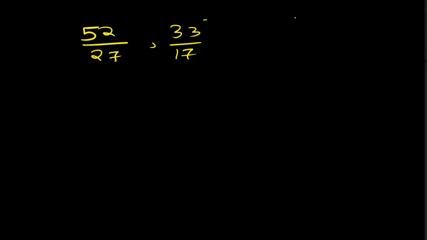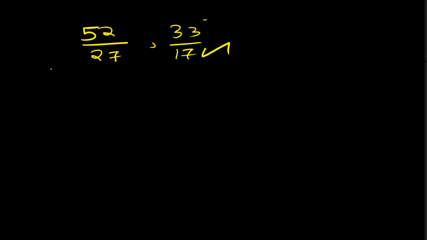What about Guru, Rohit, Sanjay? Okay, 33 by 17. Okay, Lokesh, 33 by 17. Okay, B is greater. Praveen, okay, super. Okay guys, fine, so your answer is right.